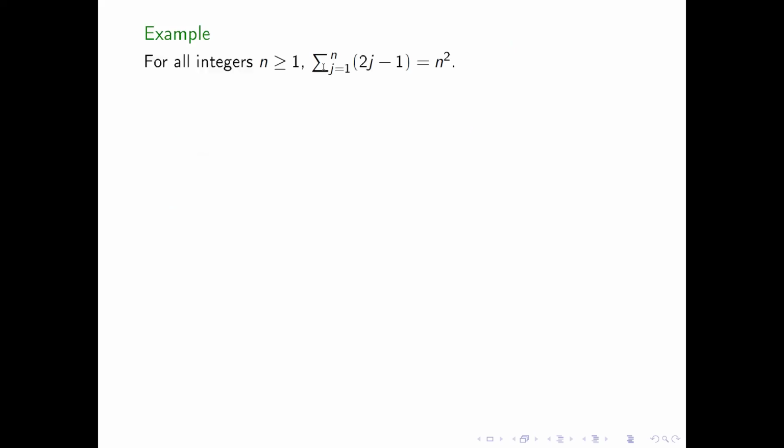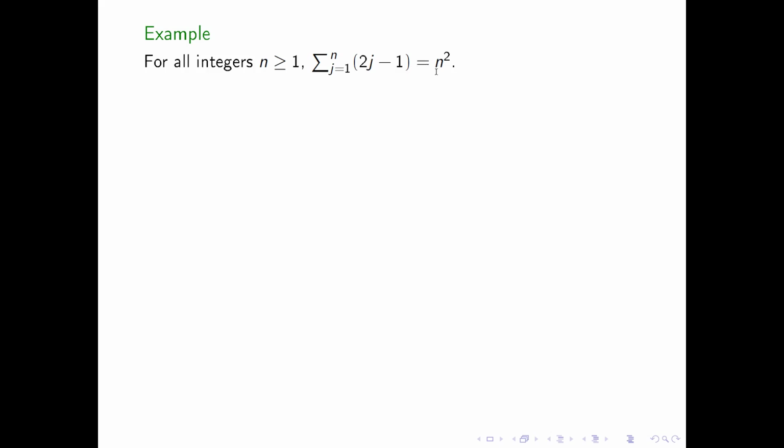I want that true for n bigger than or equal to 1. Let's start at least at 1. I'm saying the sum from 1 all the way up to n of 2j minus 1 is equal to n squared. That is my claim.